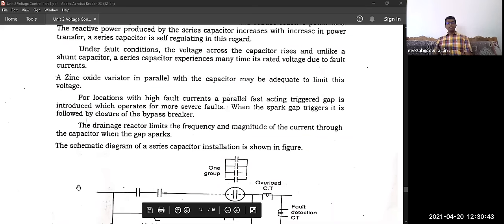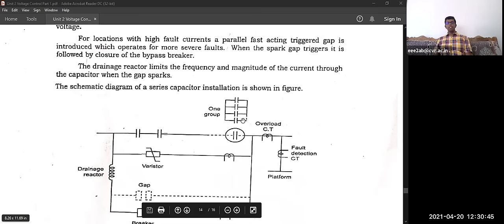So if you say this is the sending end voltage and this is the receiving end voltage, at the sending end you are sending 11 kilovolt. At the receiving end, you will be getting more than the sending end, that is 15 kilovolt or 13 kilovolt.